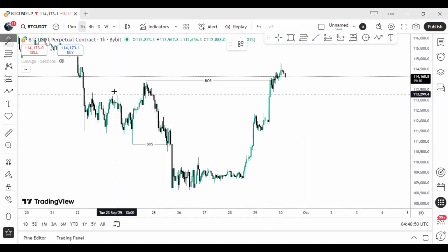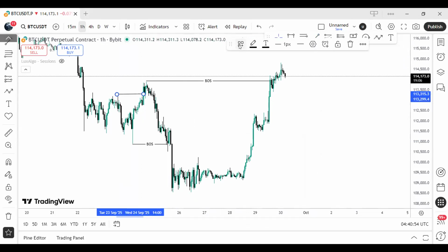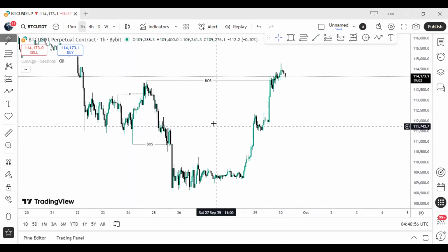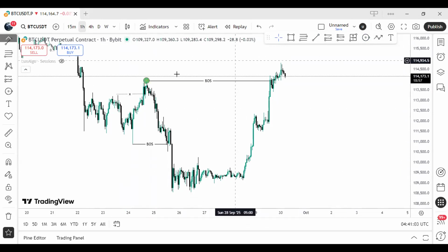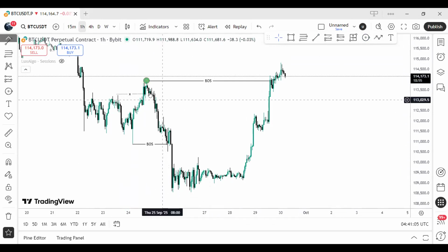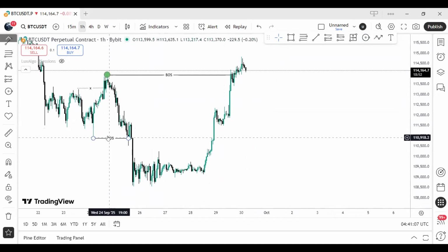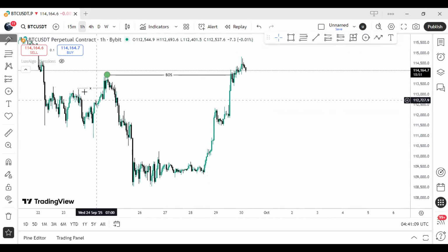Because price has taken out liquidity here, or an inducement there, right? So that makes this high a strong high. So for price to reverse and break this high here, that shows that the trend has changed. So that was what happened. All right, simple and short.